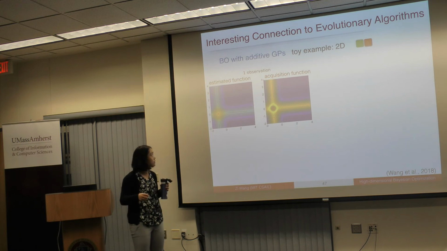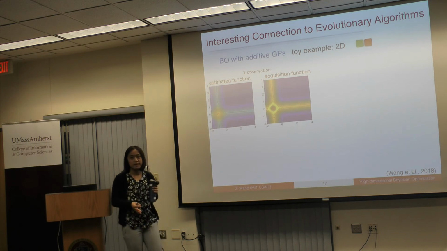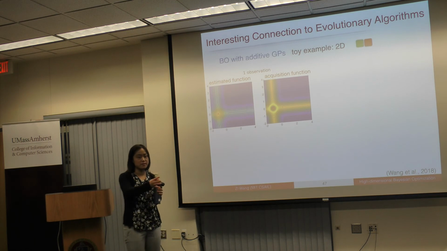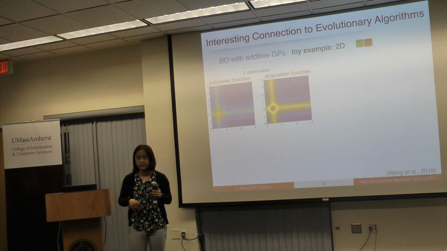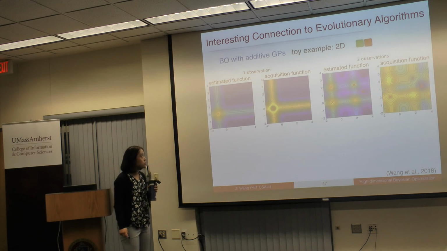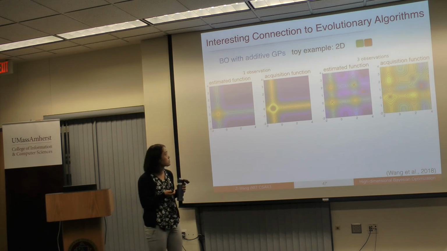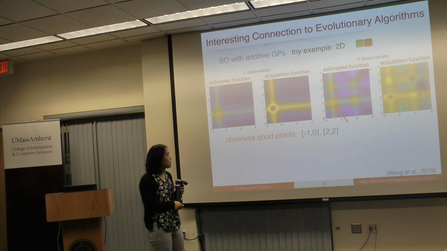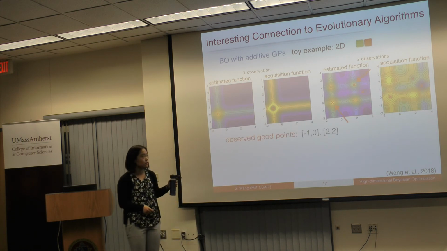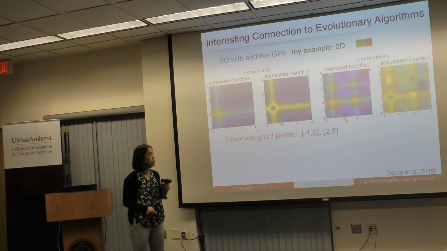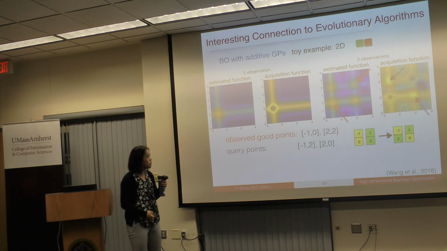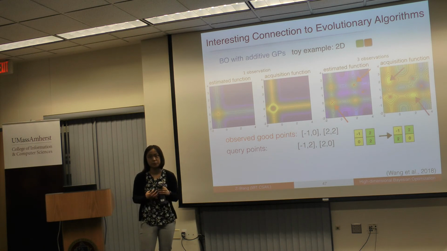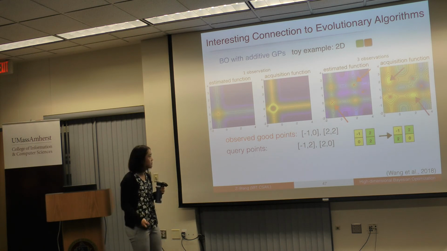Once we have a good value, in the yellow part, it propagates a bump along the coordinates of that good point. As we get more observations, for example these 3 observations, and for those observed good points, for example -1, 0 and 2, 2, both of them create bumps in the acquisition function, which results in query points that are exactly the crossover points of those good points.